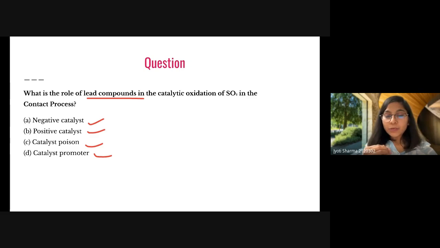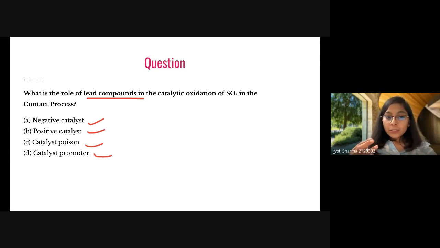And catalyst promoter, it may be that with the help of a catalyst, we are able to achieve the product within, let's say, 10 minutes. But we can add some catalyst promoter that will enhance the activity of our catalyst. And based on that activity, we can complete our reaction within, let's say, 5 minutes.